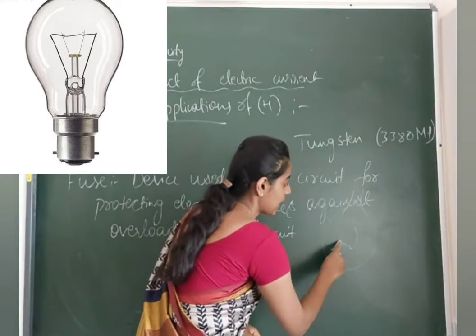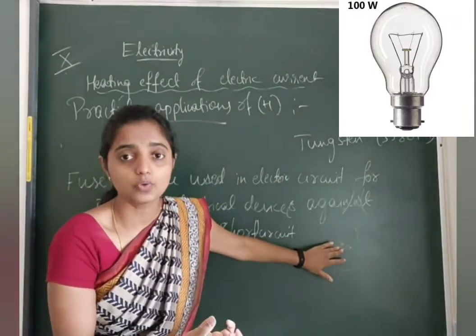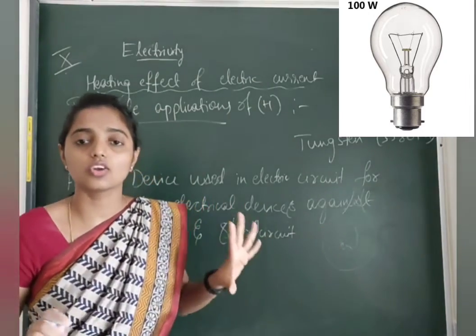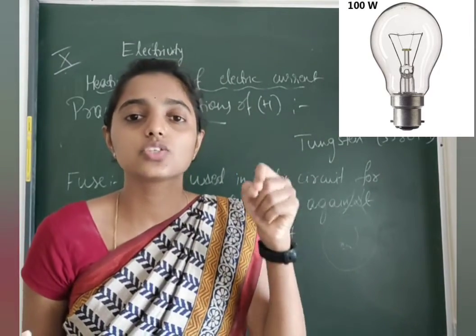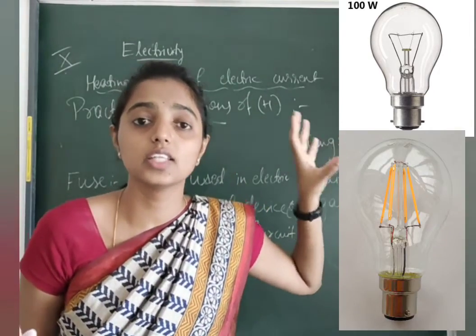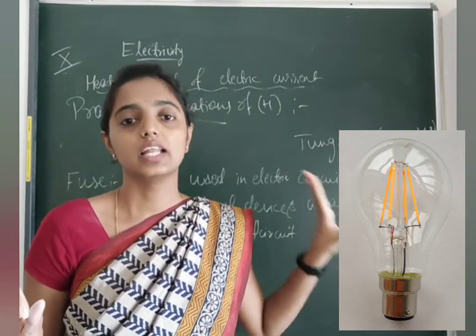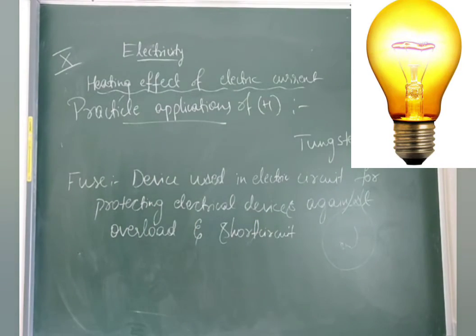This is a filament, which produces heat and then emits light, clear? So in a normal bulb there will be a filament used for this heating effect, and this heating effect emits light, clear? So once again I will repeat, electric heating is also used to produce light, that is the electric bulb.